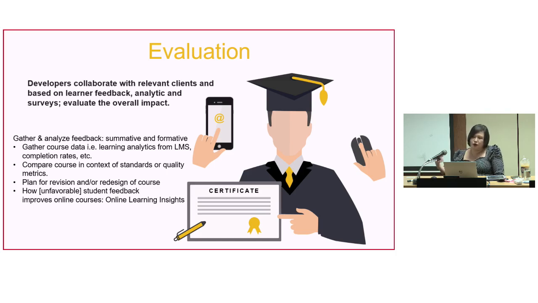What they report about your students, your student learning outcome, your student report individually and in the group, and comparing costs in the context of standards or quality metrics. For some course or some topic, you have the standard course, the standards of the content, the standards of the capability and knowledge, the learning outcome of your student.